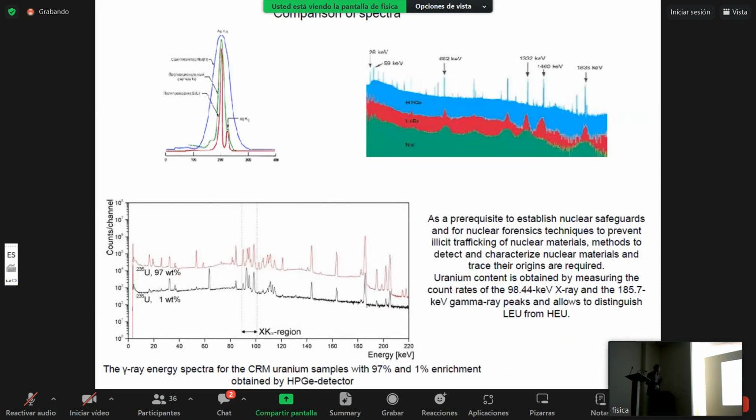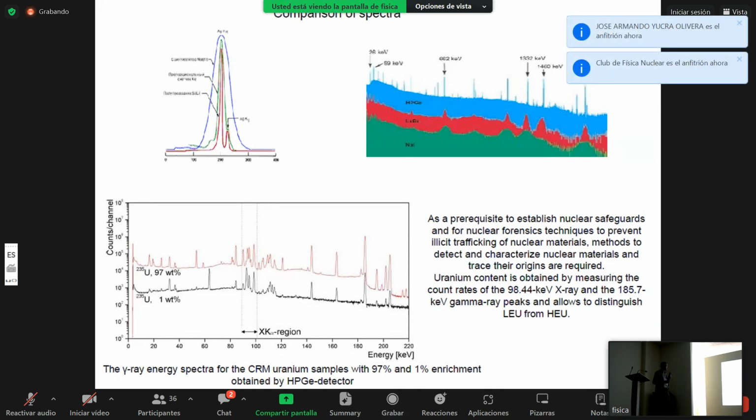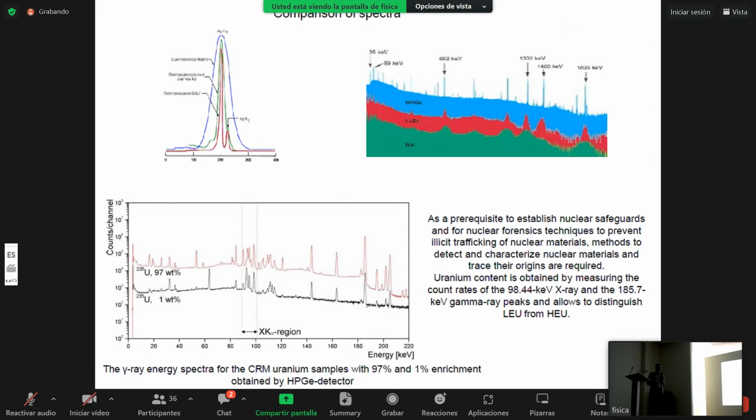Here are more slides to show you the importance of energy resolution, and you can compare some experimental spectra which were obtained with different types of detectors. Here you can see, in blue lines, the picture obtained again with germanium detectors, and you can see clear peaks, and each peak corresponds to a unique gamma energy of an isotope.